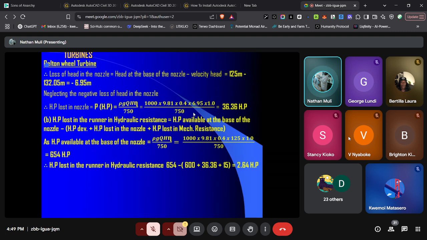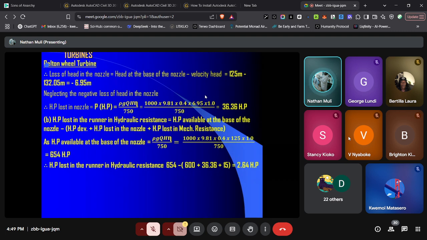Now, B: horsepower loss in the runner in hydraulic resistance equals horsepower available at the base of the nozzle, which should be equal to horsepower developed plus horsepower lost in the nozzle plus horsepower lost in mechanical resistance. We know that horsepower available at the base of the nozzle is rho g Q H by eta by 750, which translates to 1000 by 9.81 by 0.4 by 125 by 1 by 750.